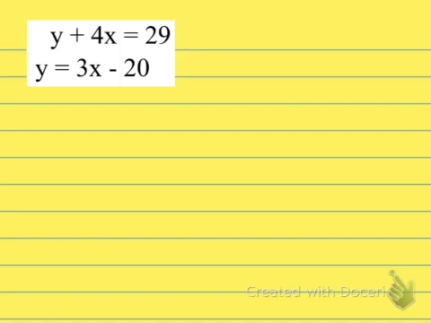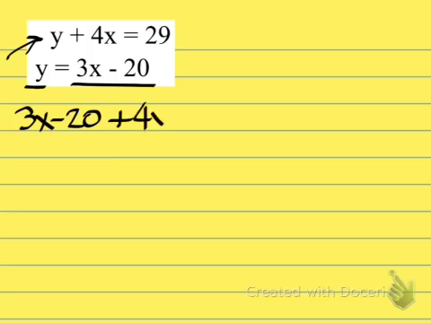So that means whatever y is equal to, which is 3x minus 20, that 3x minus 20 can be put in for y in the other equation. Instead of writing y, let's write 3x minus 20 and then plus 4x equals 29. This has been substituted in for y in the first one.